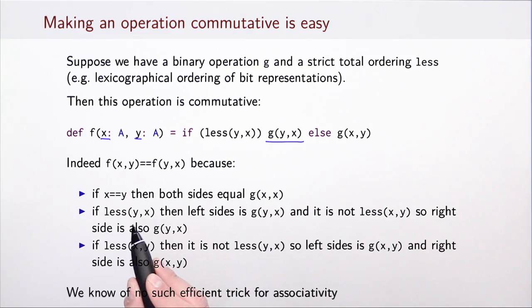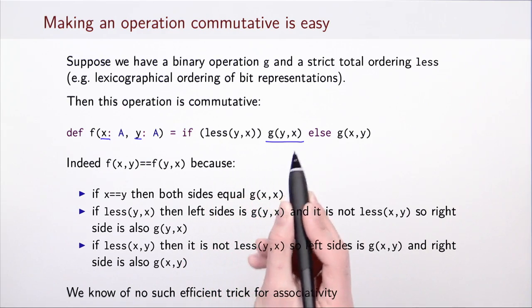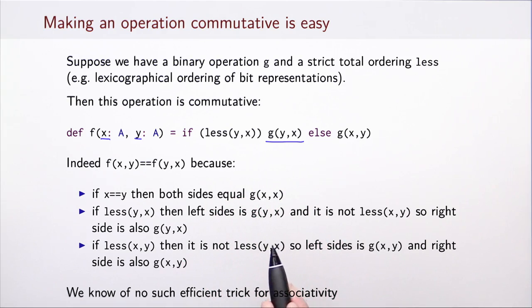And if we have that y is less than x in our ordering, then the left side is g of yx, because we execute the true branch, whereas when we compute f of yx, then we will execute the else branch, which will lead to exactly the same invocation of g. So regardless of what the value of g is, we'll obtain the same value for f of yx and f of xy. So there are some ways of patching functions to make them commutative, but we do not have such a trick for associativity of functions.